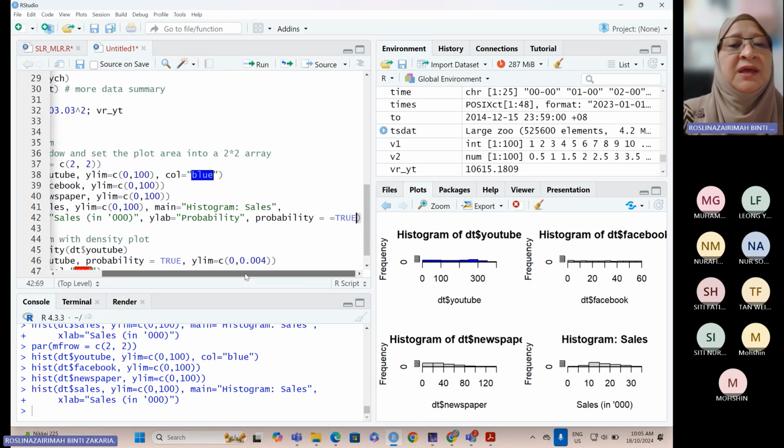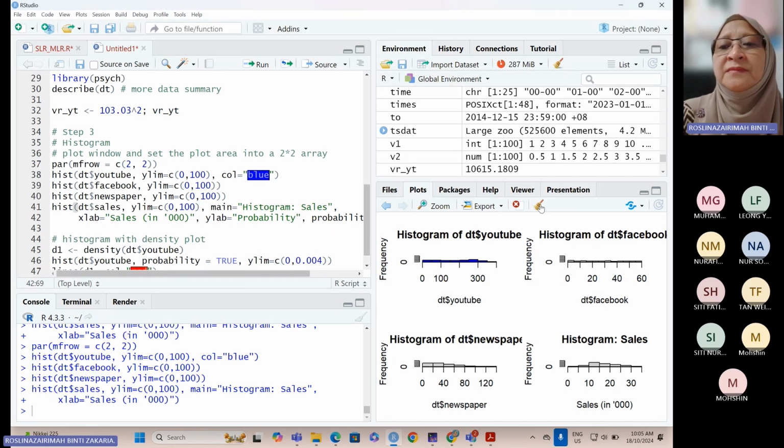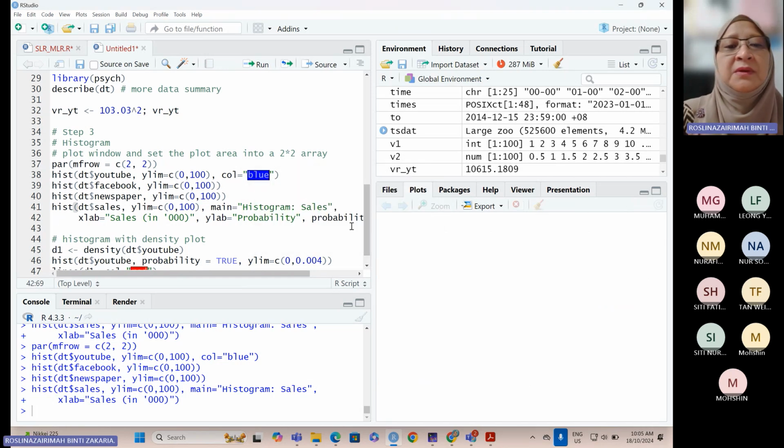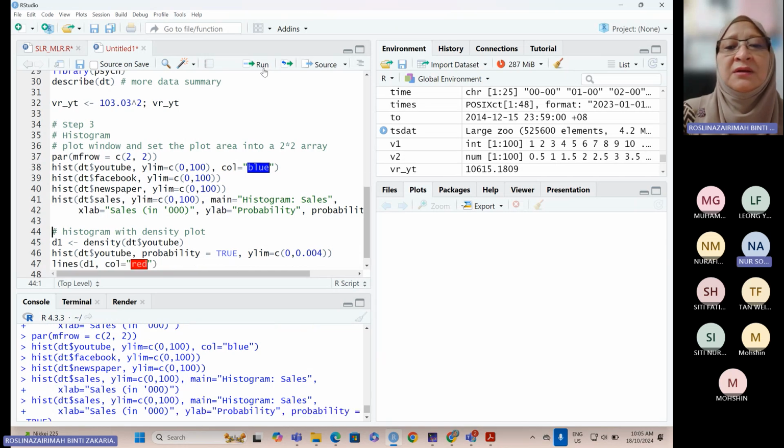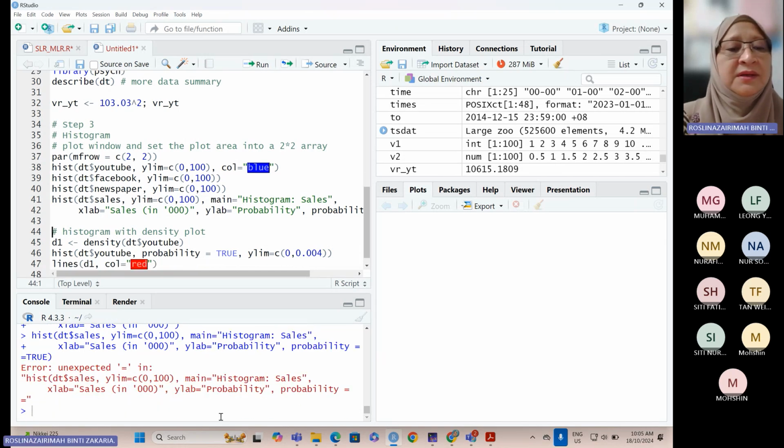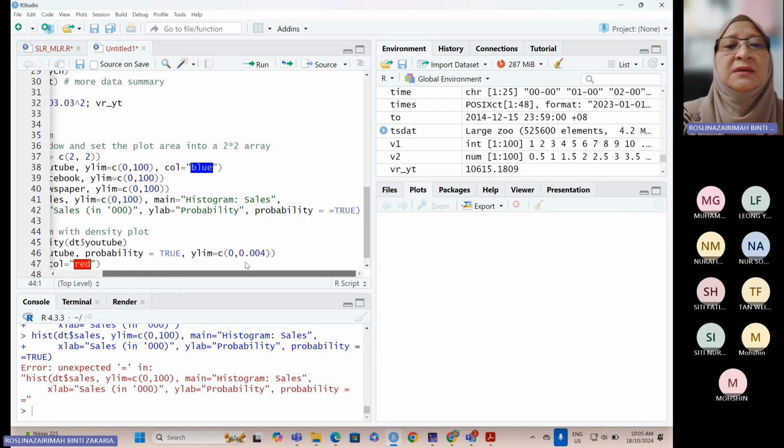Because sometimes the histogram is not in, equal to, what is it? YLab, betul. Oh, the term is probability.